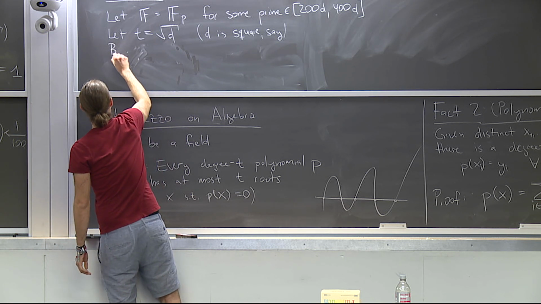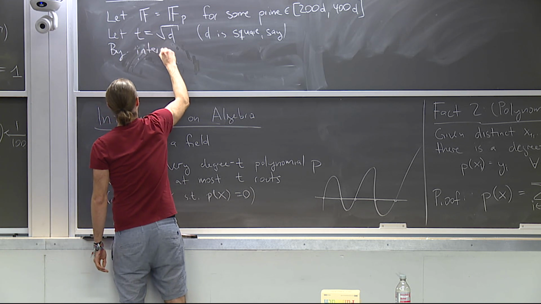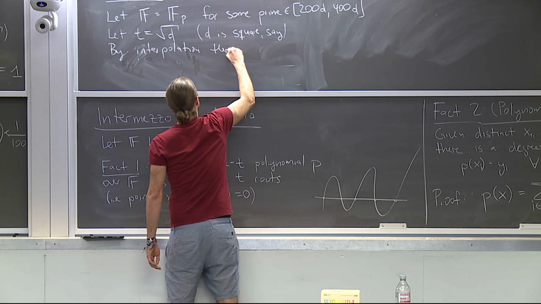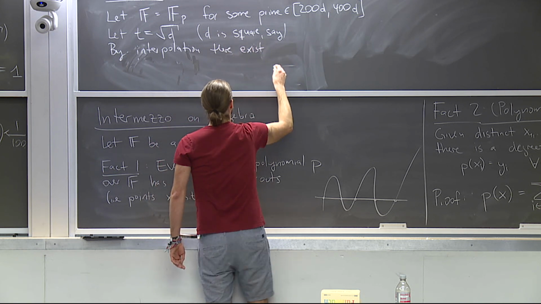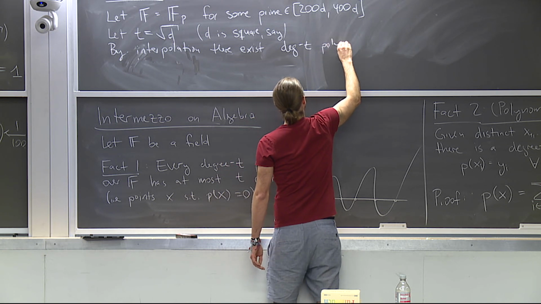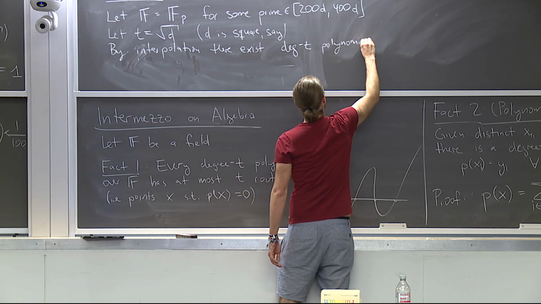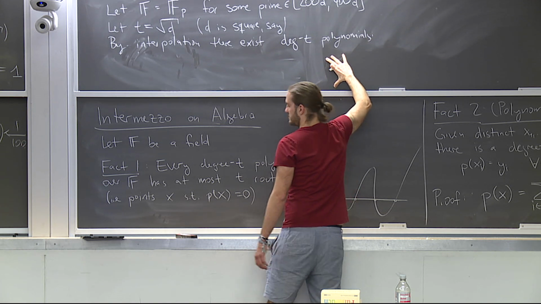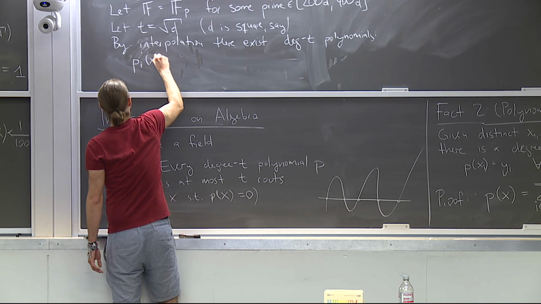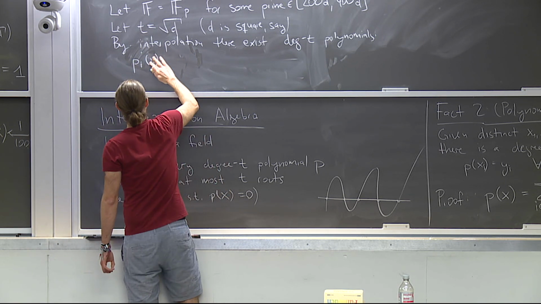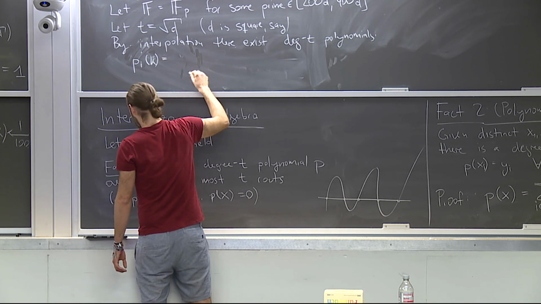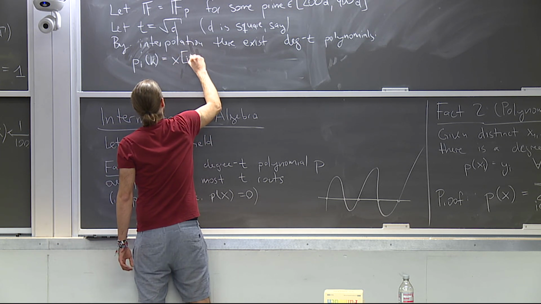By interpolation, there exist degree t polynomials, I guess it's t minus 1, who cares, that satisfy the following. p_i evaluated at some point k is x of i times t plus k.